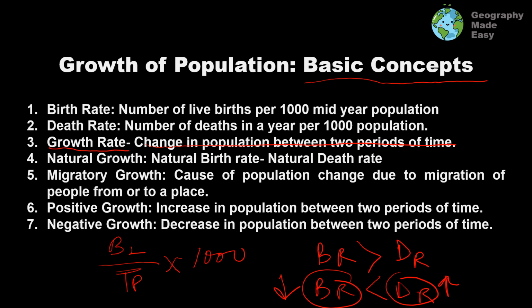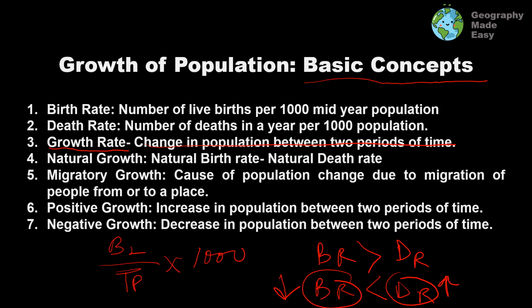Human beings have a very high birth rate. But with time, with medicines, with increase in life expectancy, and with the introduction of contraception, we have seen that we can regulate our birth rate, because it is important to regulate birth rate.